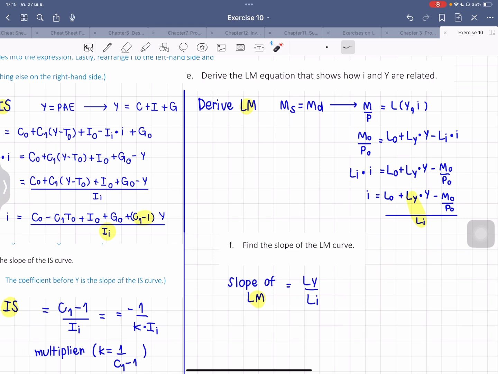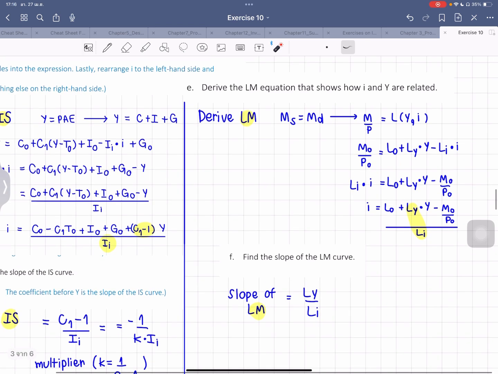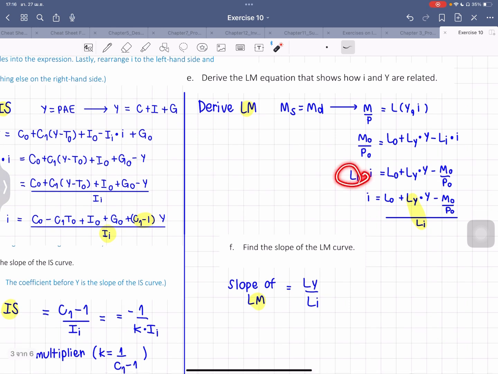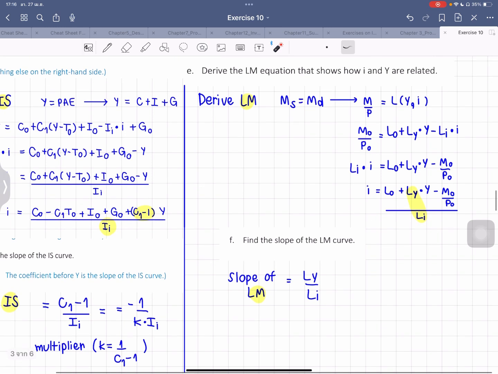Next, same as the IS curve, you rearrange the I to the left-hand side. So you can get this one to the left-hand side and all the things are the same. So you rearrange big L to the right-hand side so you can get the last equation like this.